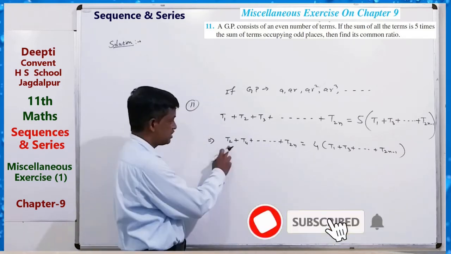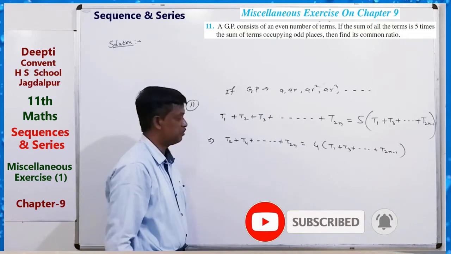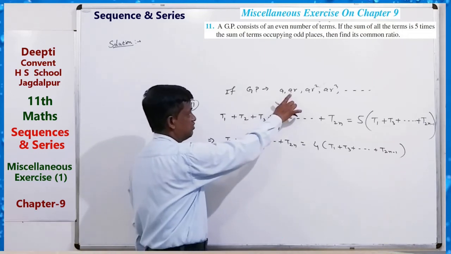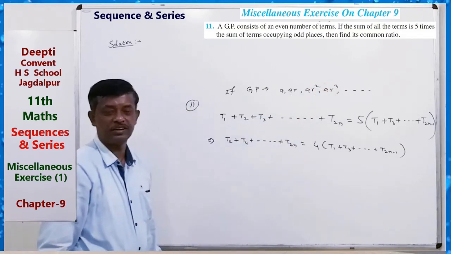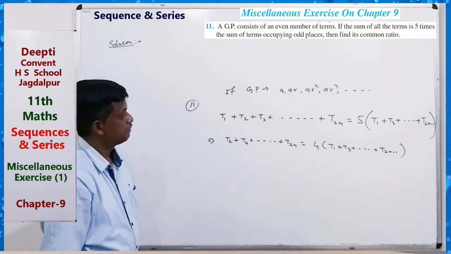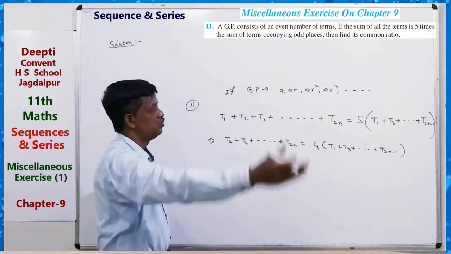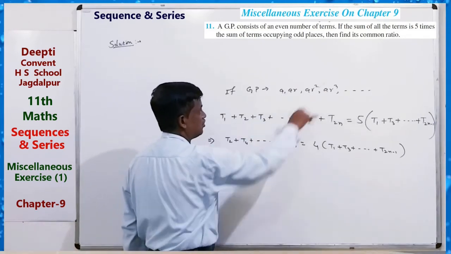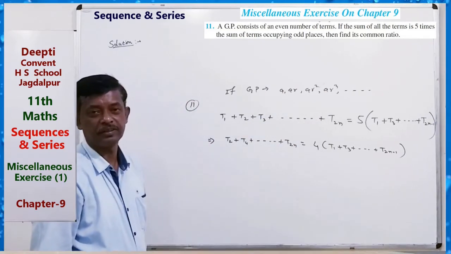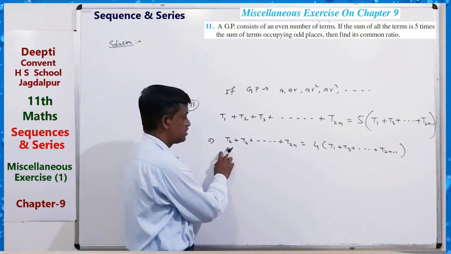On the left side the first term is ar, because the terms run from the second term to the 2n-th term, but the first term is required.